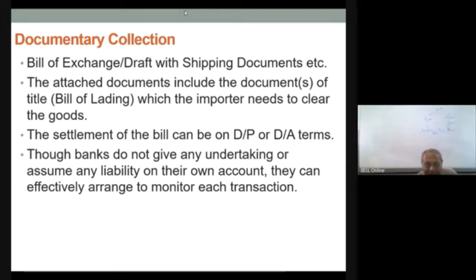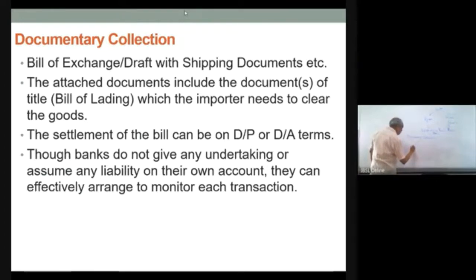Now, the payments under documentary collection can be segregated into two things.